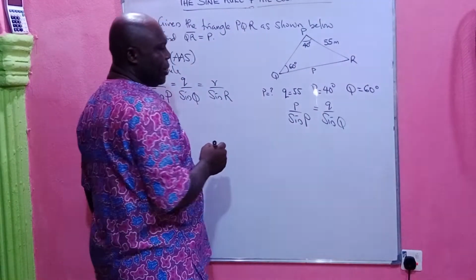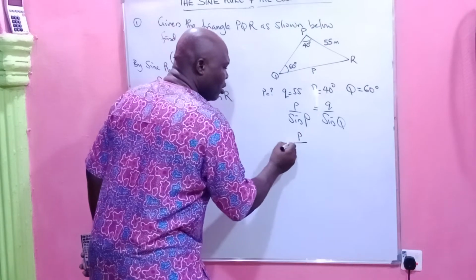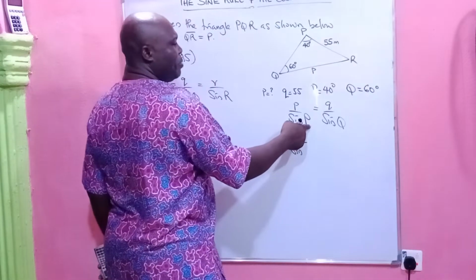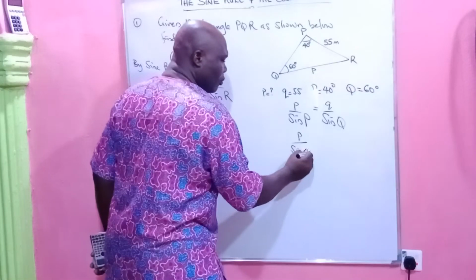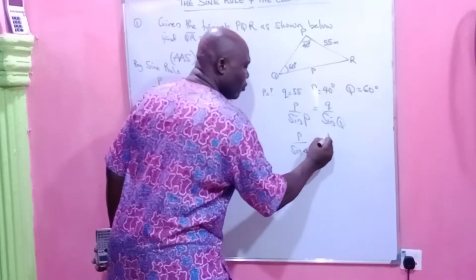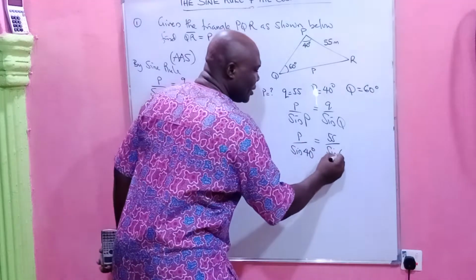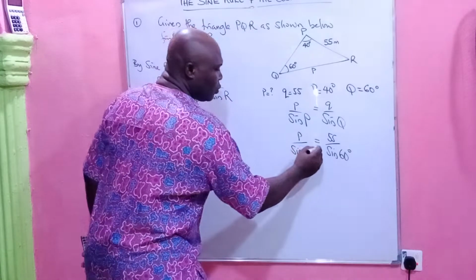So what is our p? Our p is what we are looking for, over the sine angle of the big P, which is 40 degrees, equals q, which is 55, over the sine angle of the big Q, which is 60 degrees. So we cross multiply.